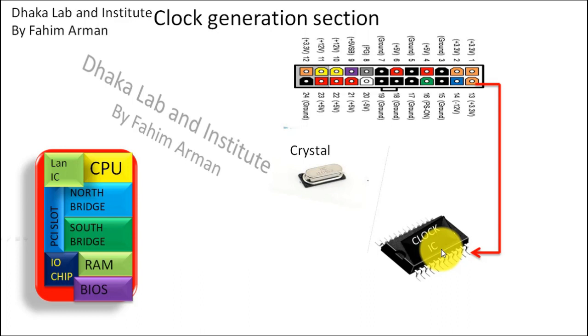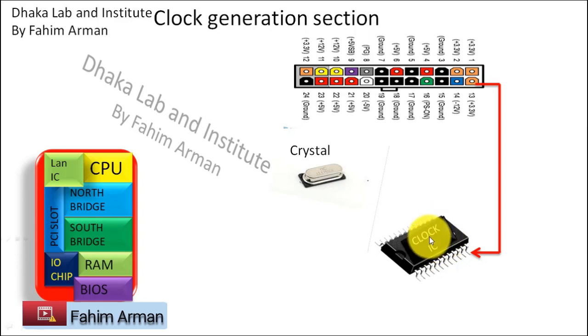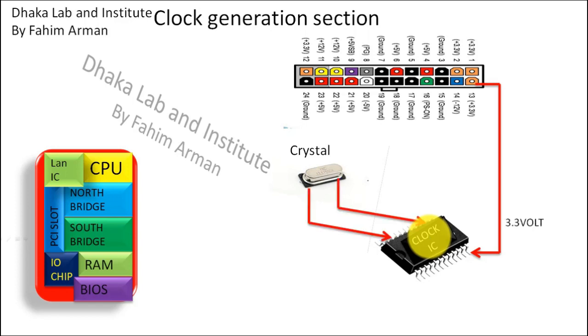When this clock IC gets power, it will be activated, and then there must be crystal frequency, because without getting crystal frequency, this clock IC will not be activated and clock will not be generated.